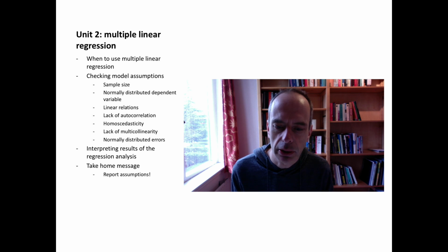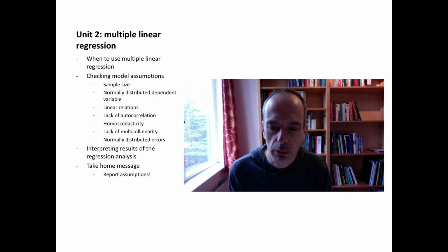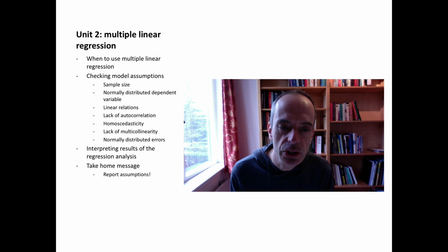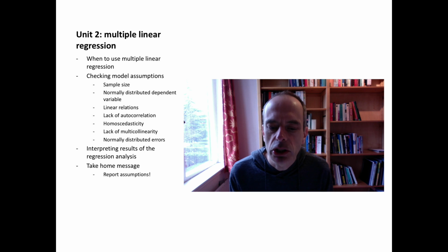Multiple linear regression can only be applied if there are 10 to 30 observations, that is cases or responses, for each independent variable. Secondly, the dependent variable should be measured at interval or ratio level and should be normally distributed.